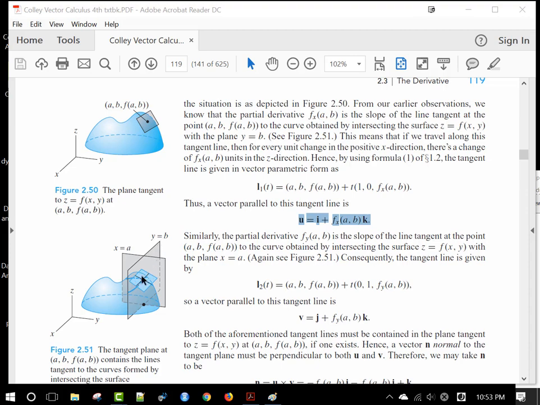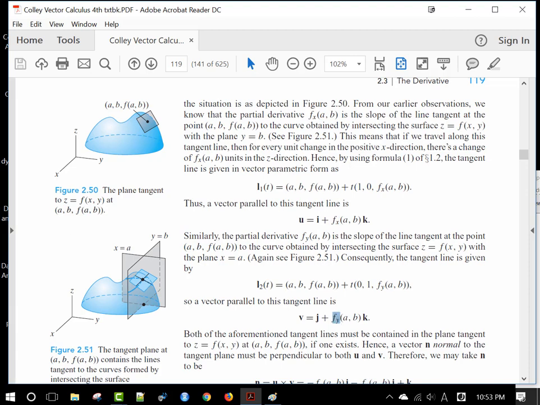And then if we want to do that same thing in the x equals a plane, we'll get this. So this is the only difference. The main difference here is that this is the partial derivative with respect to x, and this is the partial derivative with respect to y.